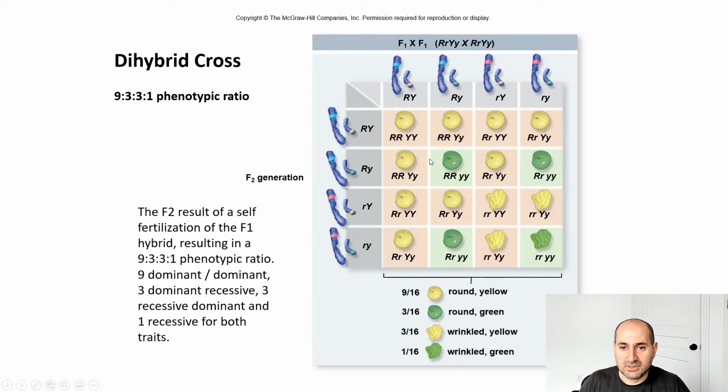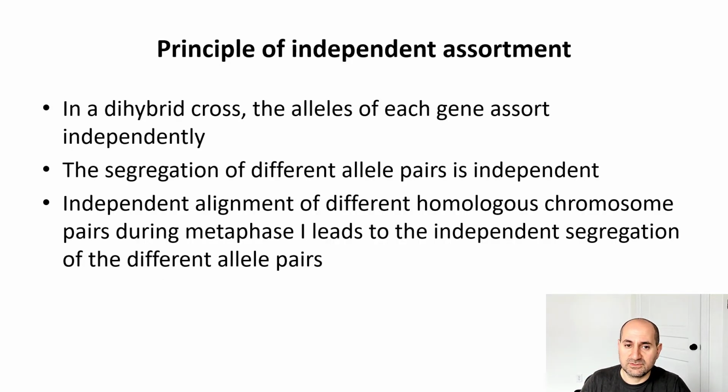So for example, yellow and round assort independently of one another. Shape and color are 2 different genes. So the alleles of each gene assort independently of one another.